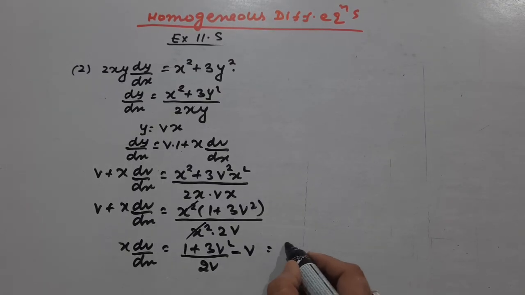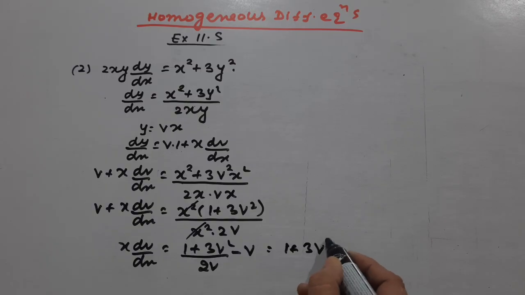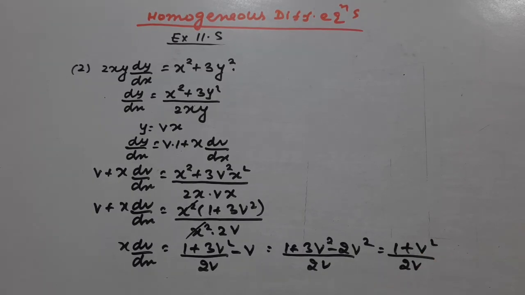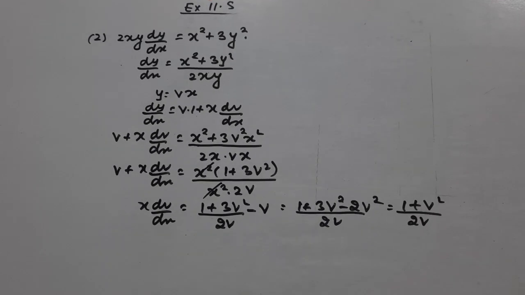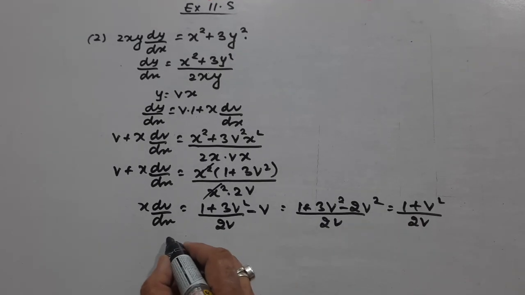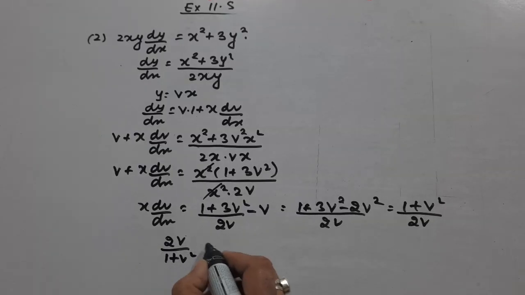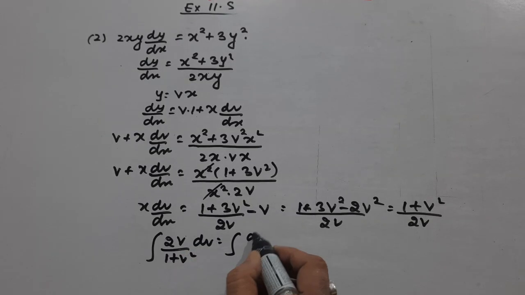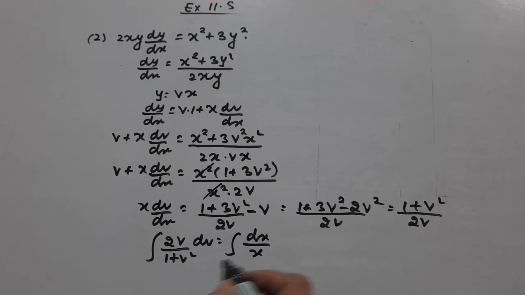Now on solving it we get (1 plus 3v square minus 2v square) upon 2v, and this is equal to (1 plus v square) upon 2v like this. Now after this, separating the variables, 2v upon (1 plus v square) dv equals dx upon x.